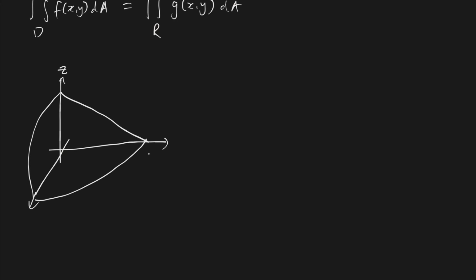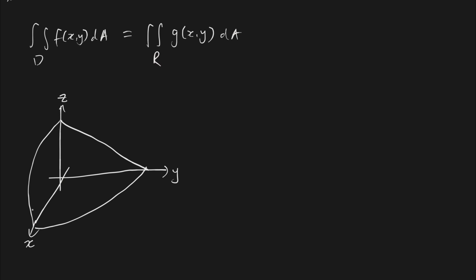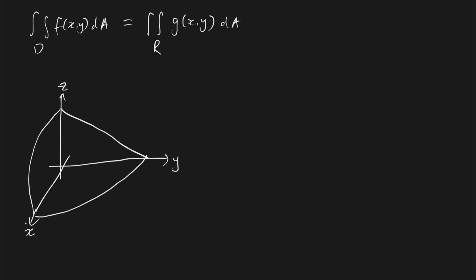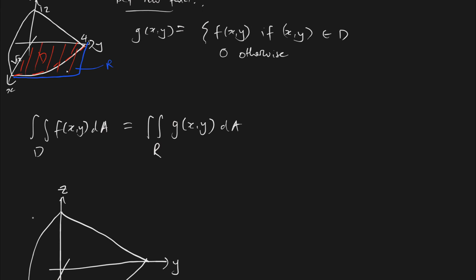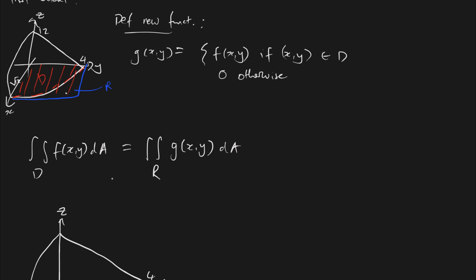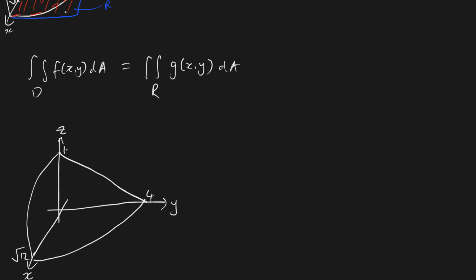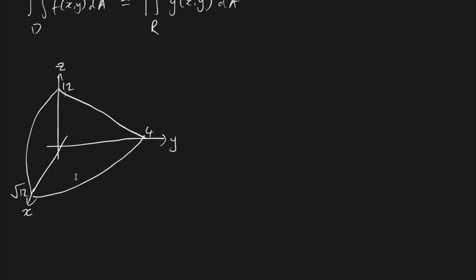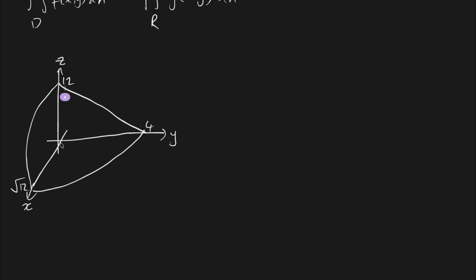Here we have z, we have y, and we have x. Let's put in the intercepts. Root 12 is the x-intercept, 4 is the y-intercept, and 12 is the z-intercept. So here we have the shape again.